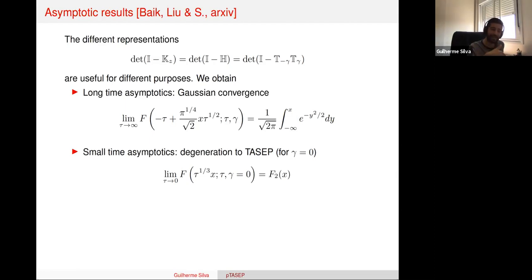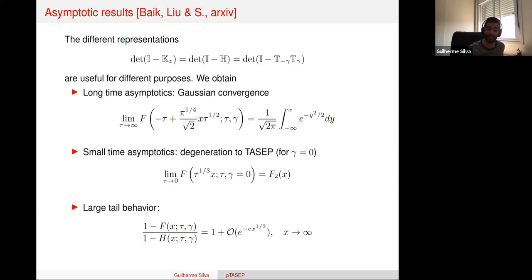We also have small time asymptotics, where the period is much smaller than time, so we should expect that the fluctuations for classical TASEP should appear, and that's what we get. But for technical reasons, we only get that when gamma equals 0, so centered at position 0. The proof for general gamma turns out to be a lot more complicated. Anyway, we have this result, at least for one specific parameter.